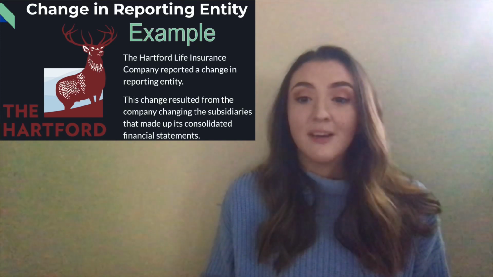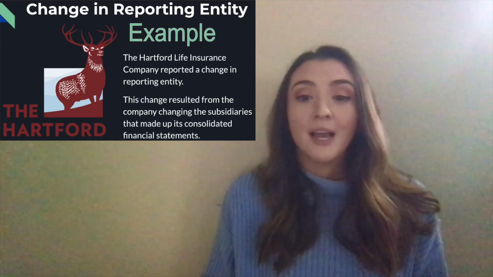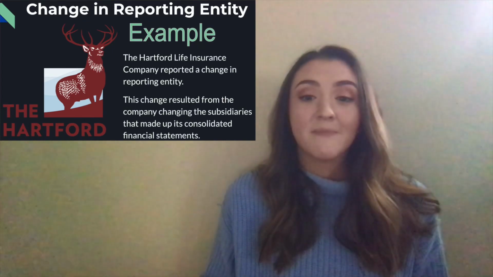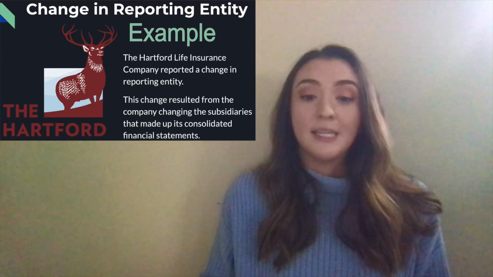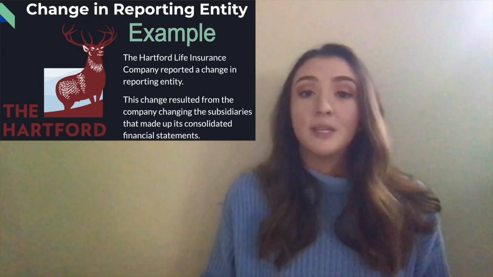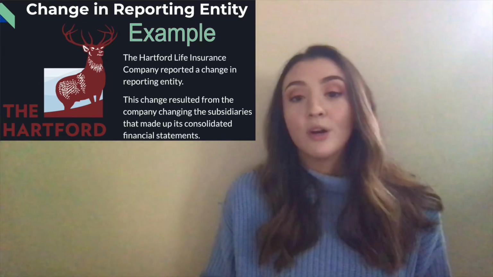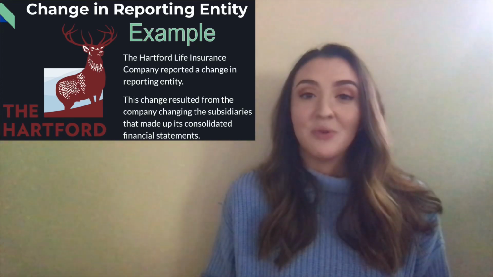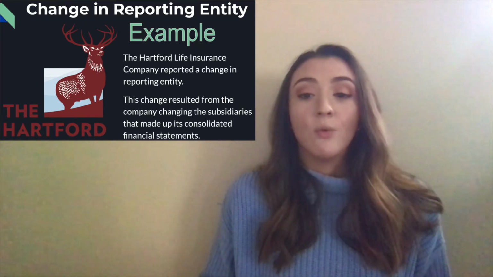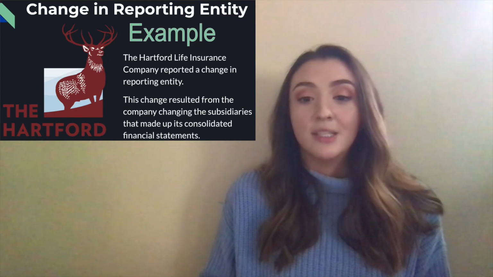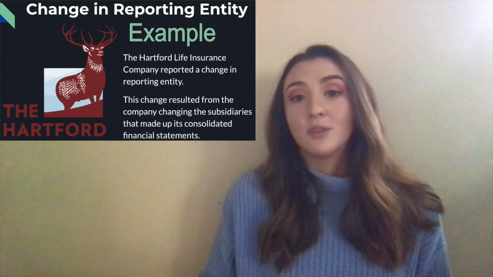Following GAAP treatment, Hartford Life retrospectively applied the change to their financial statements. They included a disclosure note in the period of the change that detailed the reason and the nature. The reason given by Hartford was to more efficiently distribute capital across the company. They also reported a $1.3 billion increase in shareholders' equity as a result of the change.